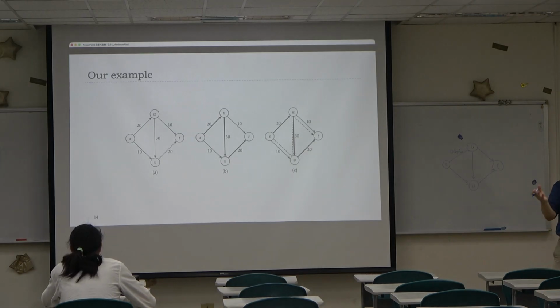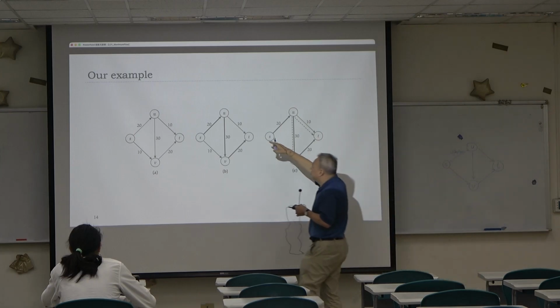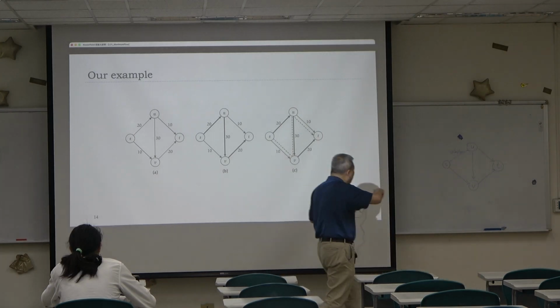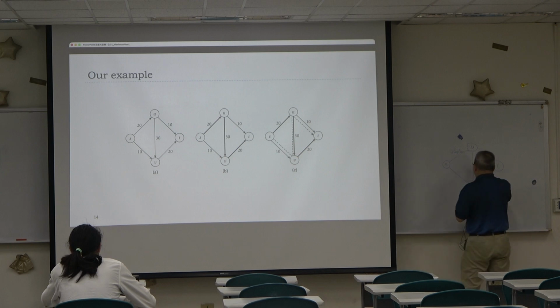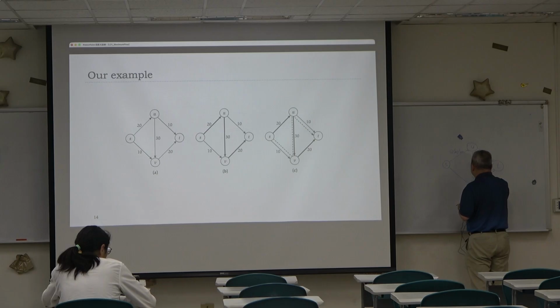Okay. And the middle one, from U to V, we take 20, right? So the remaining capacity is going to be 10, we use 20, and the back flow is negative 20.